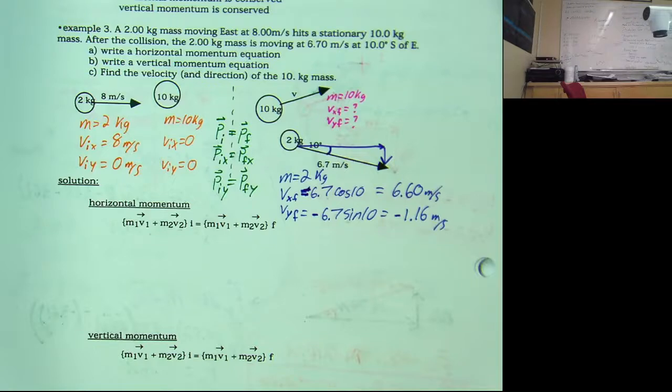Momentum initial equals momentum final. Well, how much momentum do I have for each object initially in the x direction?